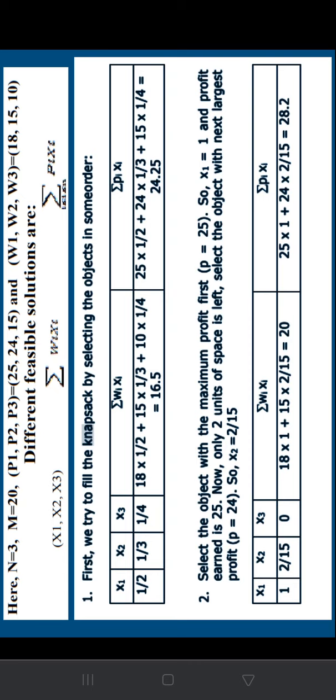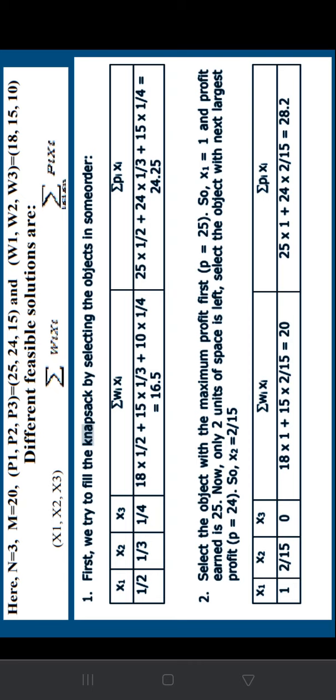So we are taking 2 by 15th of the second object. We multiply 15 into 2 by 15, because 15 is the weight of the second object. 18 is already taken by the first item, plus 2 gives the summation 20, because we cannot exceed 20.